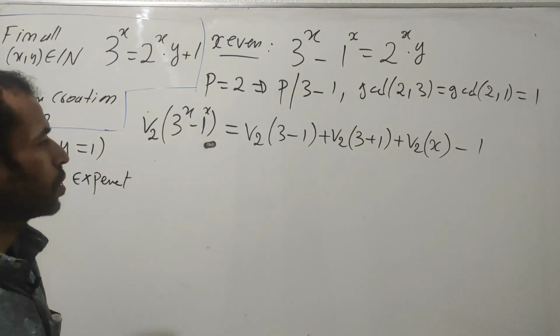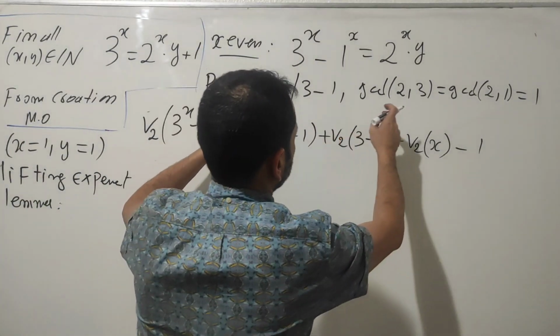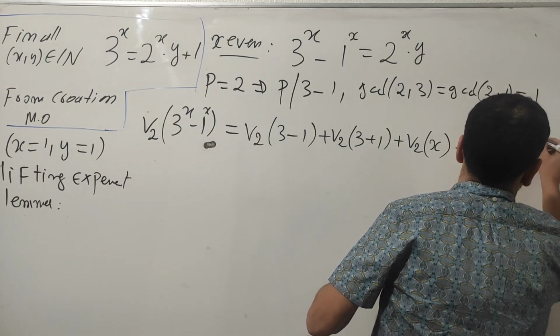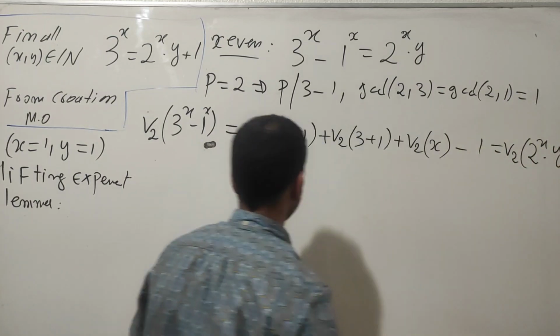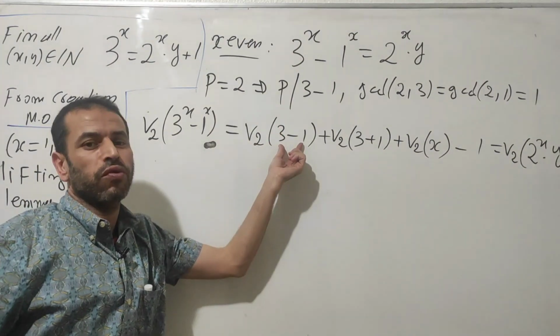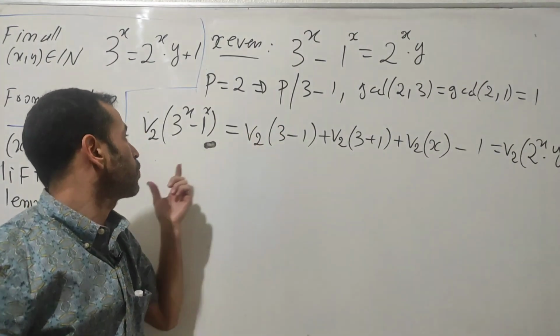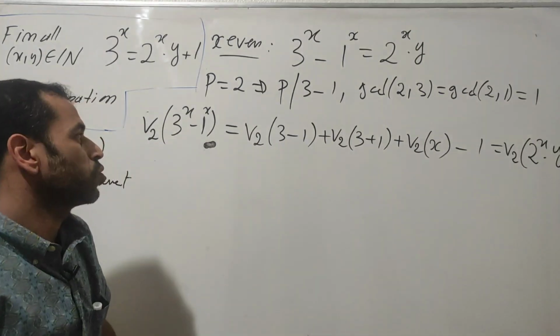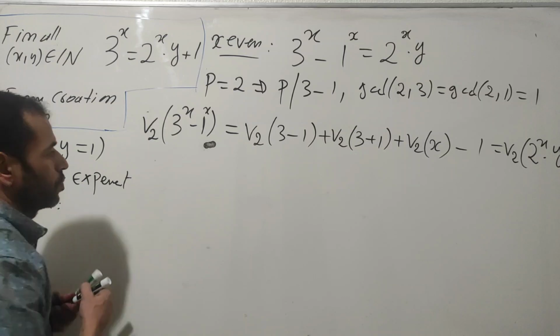Also I'm going to apply it on the right hand side of this equation, which equals v_2 of 2 to the x multiplied by y. We are going to pick up only the exponent of this one. This is the meaning of this theorem. So 3 minus 1, which is 2, is going to be written in the form of 2 to the 1.